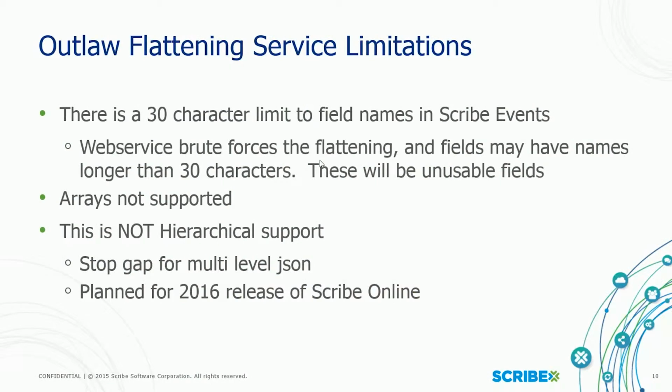Now, there are some limitations. And these limitations are because of the Scribe Online platform. And so this is temporary. The one limitation that's the most glaring is the 30-character limit to field names in Scribe Online.